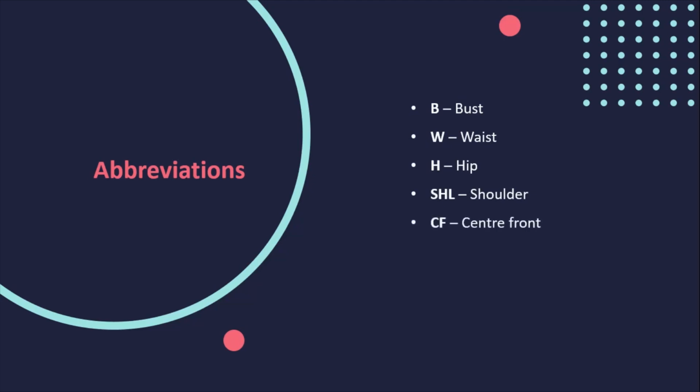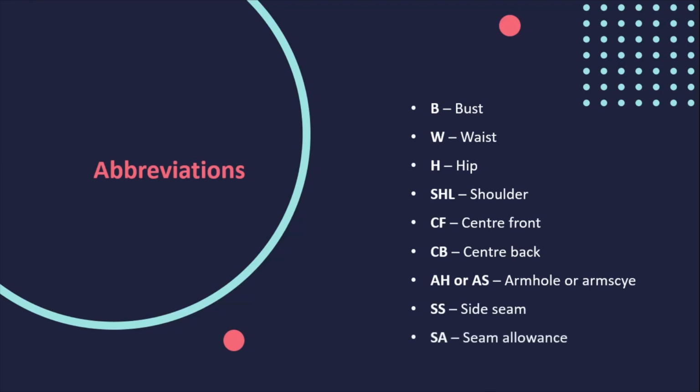CF is center front. CB is center back, of course. AH or AS is the armhole or arm sky. And then double S stands for side seam. SA stands for seam allowance.